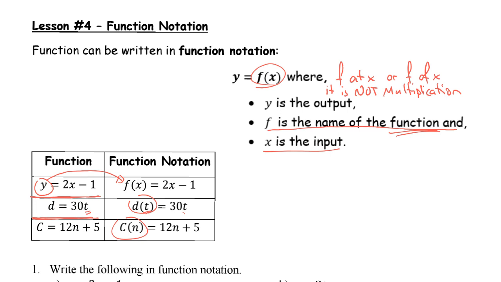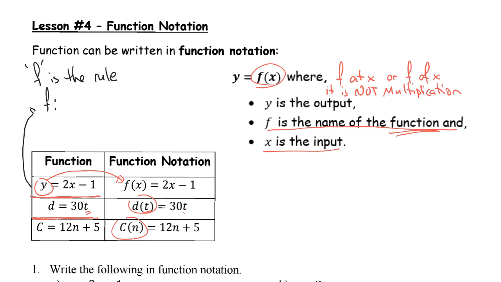Now, I want to talk about the f in the function notation just a little bit more here. F is not just the name of the function. F is the rule. It represents the rule that you're applying here. So, for example, in this very first one up here, the f stands for this rule.